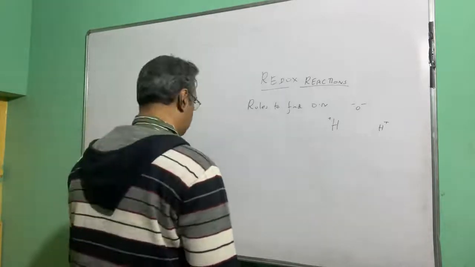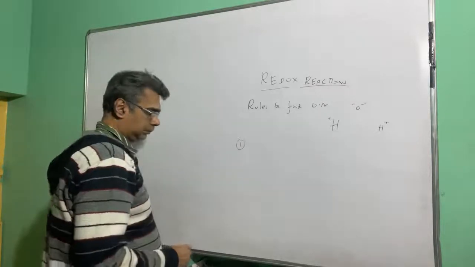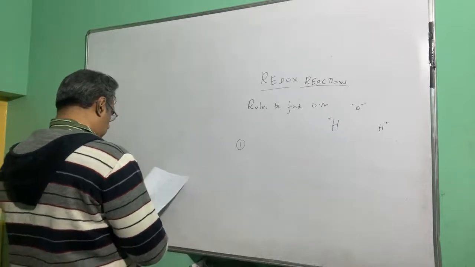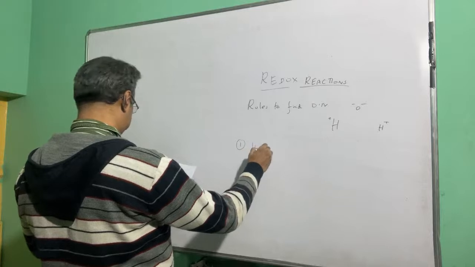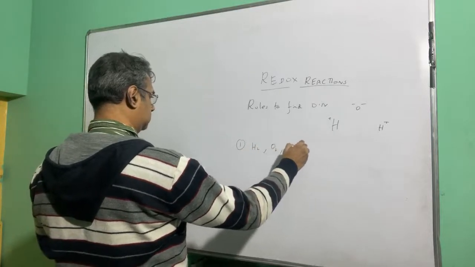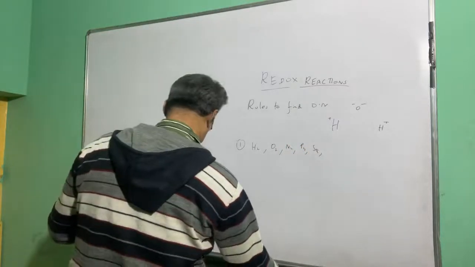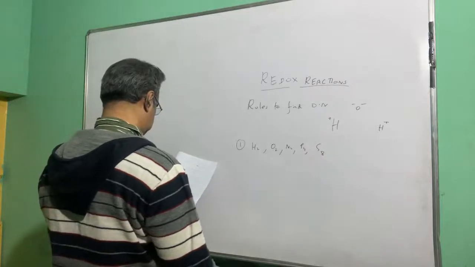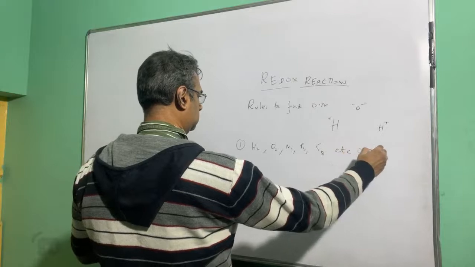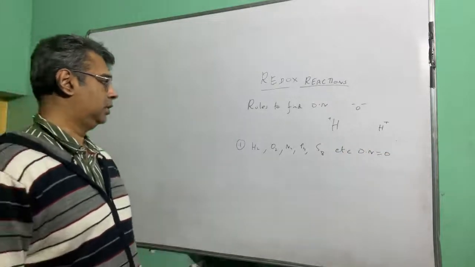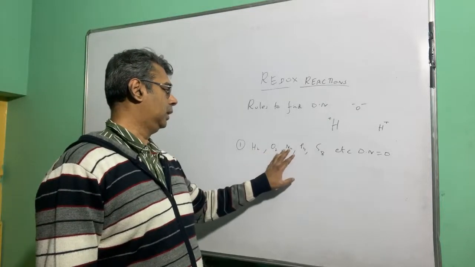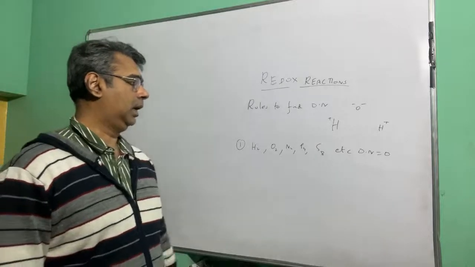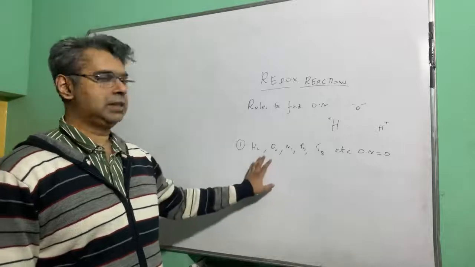Now what are the rules to find oxidation number? Number one, the very first rule is that H2, O2, N2, P4, S8 all have oxidation number 0 because this is considered the elementary form.